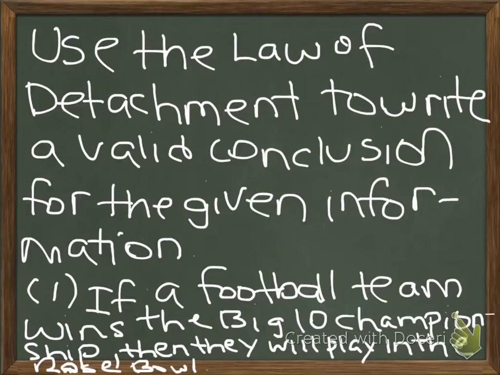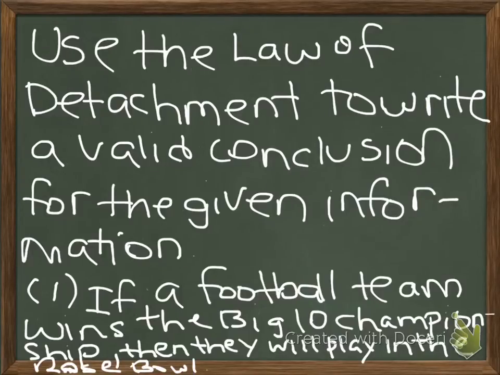Here we need to use the law of detachment to write a valid conclusion for the given information. So they usually repeat the if part in the second statement, and then we say the then part for our conclusion when we're thinking of the law of detachment. So the first statement is, if a football team wins the Big Ten championship, then they will play in the Rose Bowl.